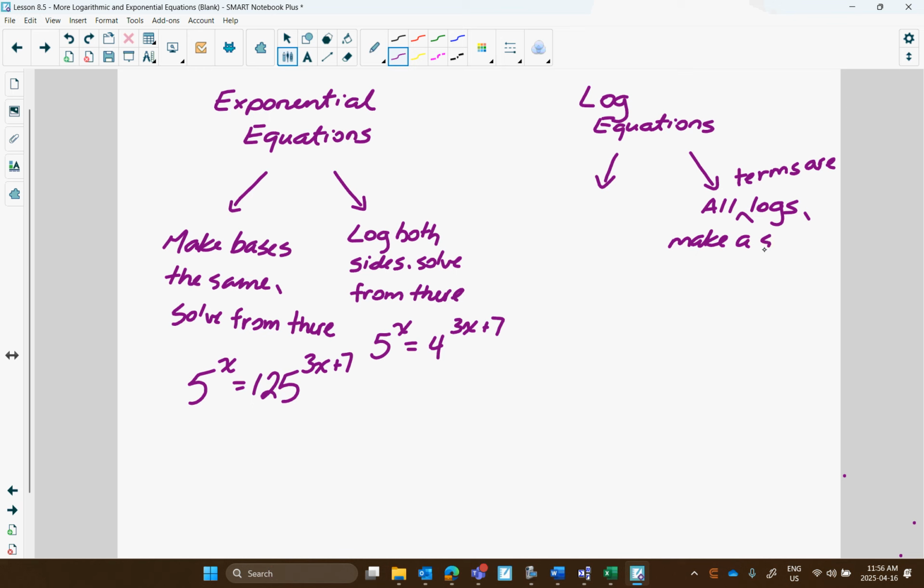Make a single log on each side by using your log laws, then cancel out logs.